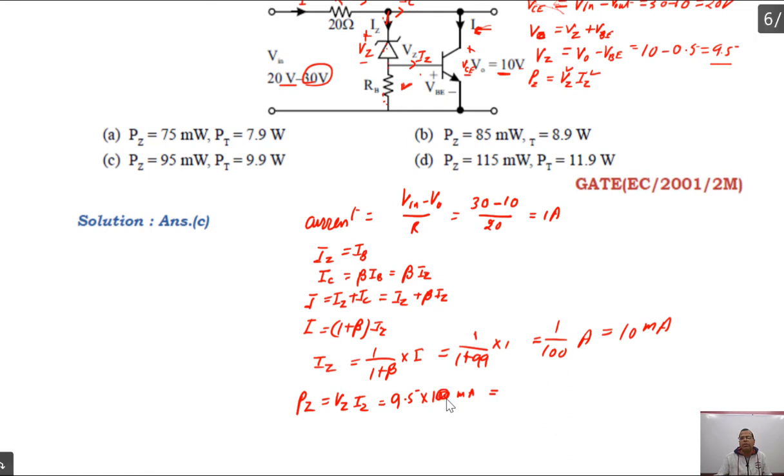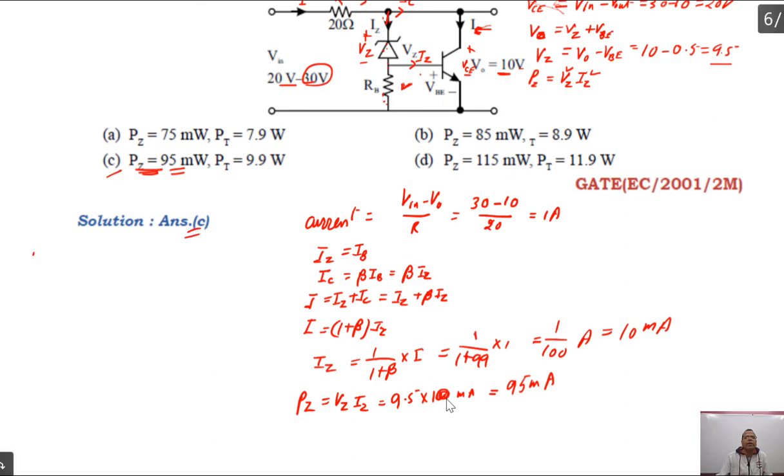So this is 95 milliwatt. So the power dissipation in the Zener diode is 95 milliwatt. That is sufficient because only one option is giving me 95 milliwatt. So our answer C is the correct option.